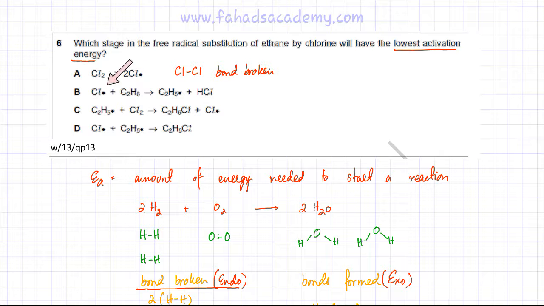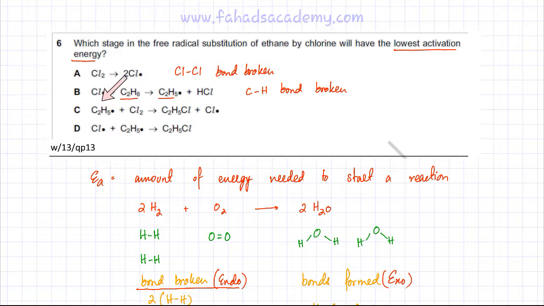Moving to the second option, C2H6 gets converted into C2H5, which means a C-H bond is broken. Initially you had two carbons bonded with six hydrogens, now two carbons bonded with five hydrogens. Since bond breaking is going on, this reaction requires energy.